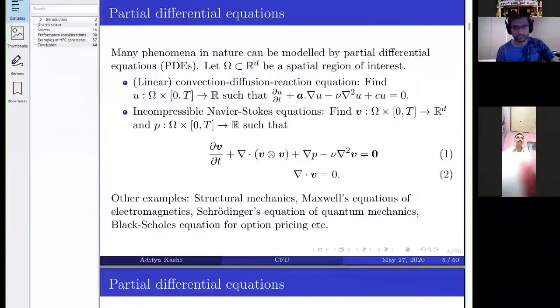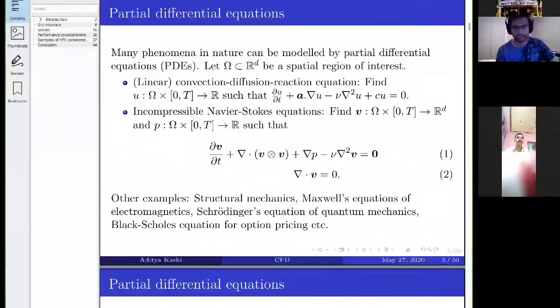So that's why it's infinite dimensional, to be rough about it essentially, and we want to reduce it to some finite dimensional problem. So that is what I meant.